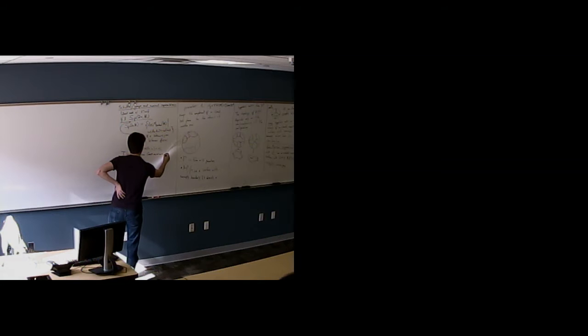Okay. Now I'm going to tell you about the Lagrangian Grassmannian. The Lagrangian Grassmannian is the space Lag(2n). Exactly.